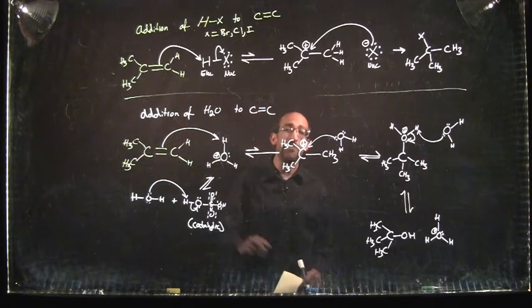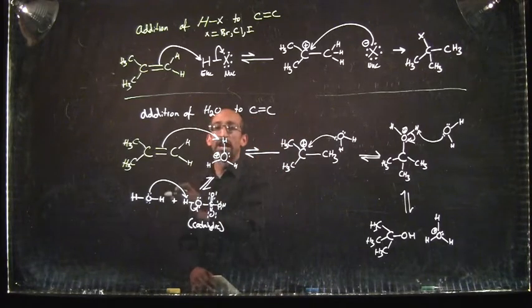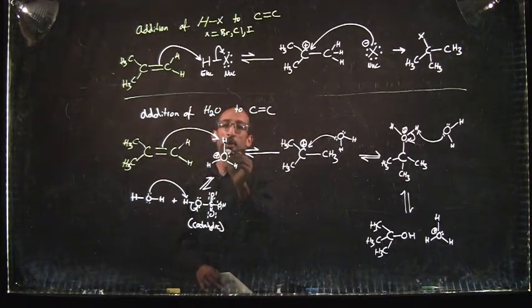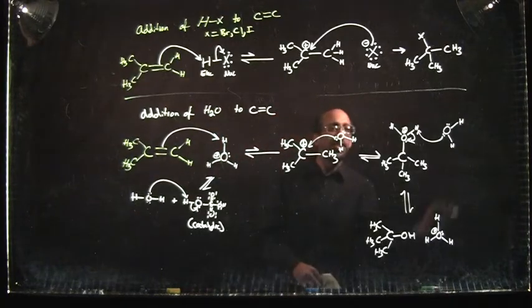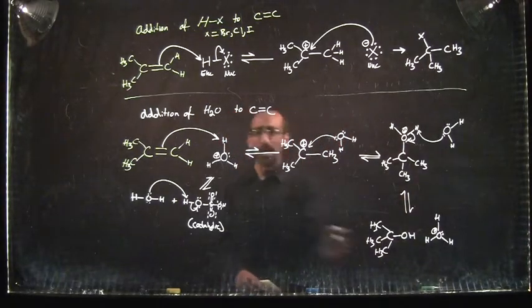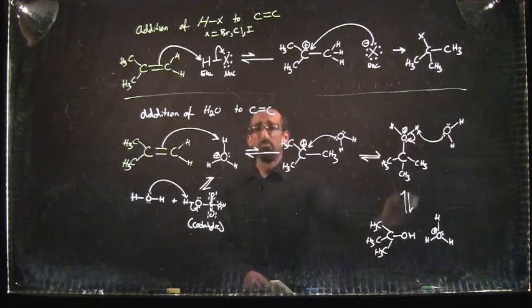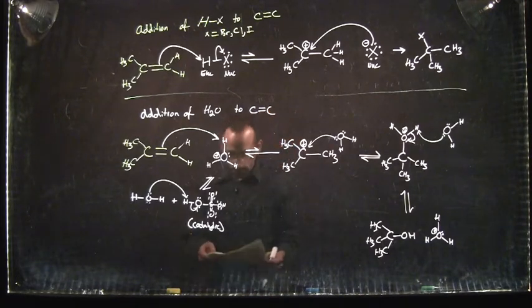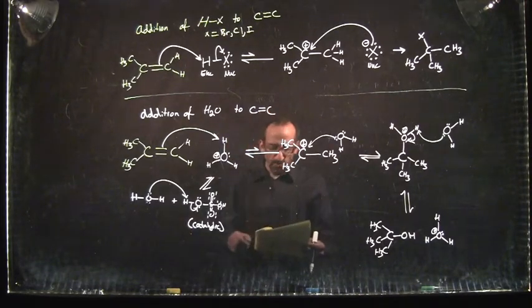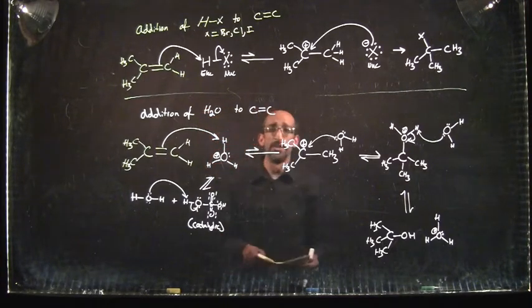We use a catalytic amount of that sulfuric acid because all its purpose is to generate our first molecule of H3O plus, and then the solvent, water, does the rest of the job. It gets regenerated as H3O plus, which comes back, starts the process, and I never need to involve sulfuric acid in this again. So there is our second reaction, addition of water across this carbon-carbon double bond.